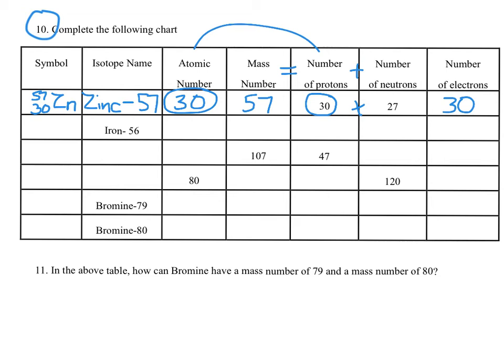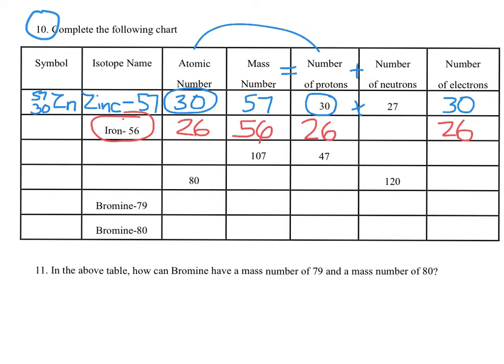Let's jump to the next row, iron 56. Okay, first of all, the fact that it has 56 in it means that's its mass number, 56. If I look for iron on the periodic table, Fe, I figure out that it's element 26. So right away, that tells me the atomic number is 26, the protons are 26, and I can assume that the electrons, there's 26.